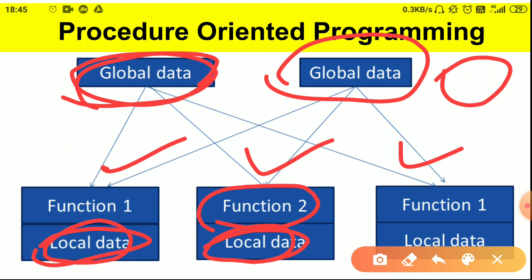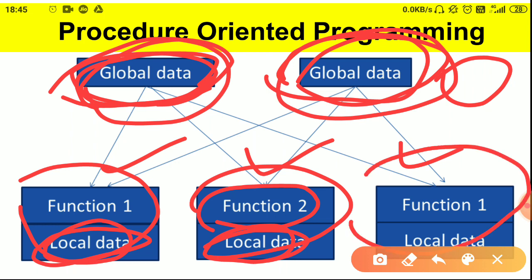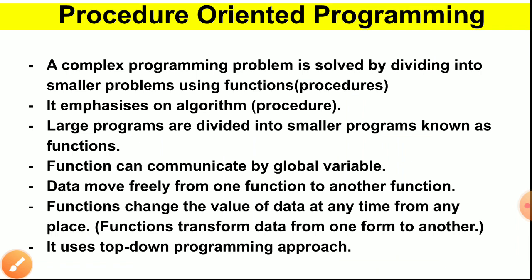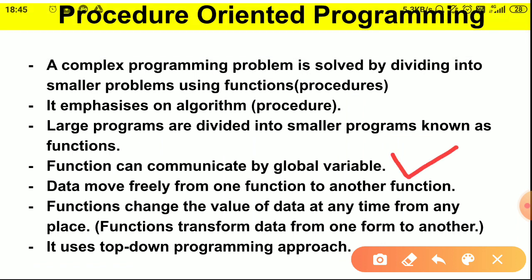And herein lies the problem of procedure oriented programming. The problem, I'll repeat, is that all the functions can access global data, and any function can change this global data at any time. Now let's go back to our slide. Let's look at this point: functions can communicate by global variable.